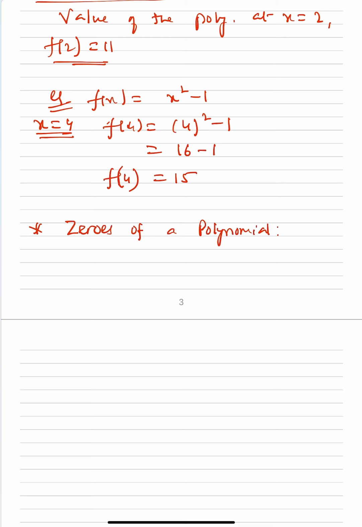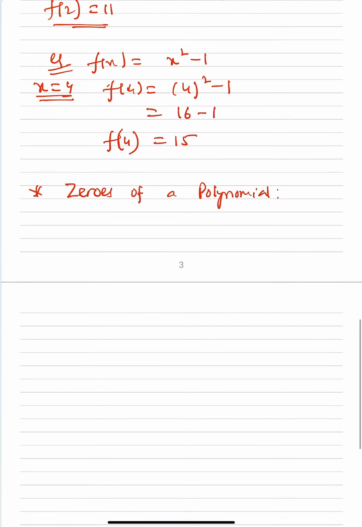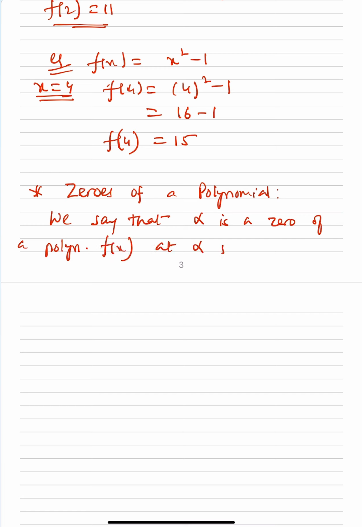In mathematical terms, we say that suppose alpha is a zero of a polynomial f of x if f of alpha is equal to 0.